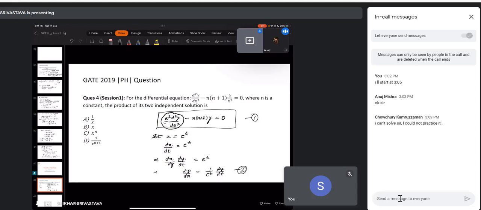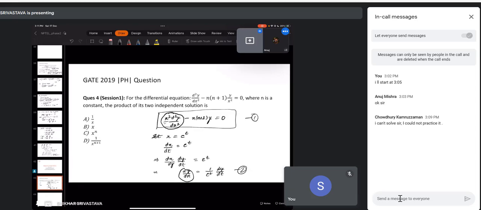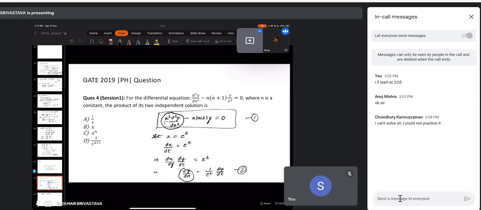So you again take the derivative of equation 2, so you get d by dx of dy by dx, d by dx of 1 by e to the t times dy by dt, just taking the derivative with respect to x on both sides of equation 2.